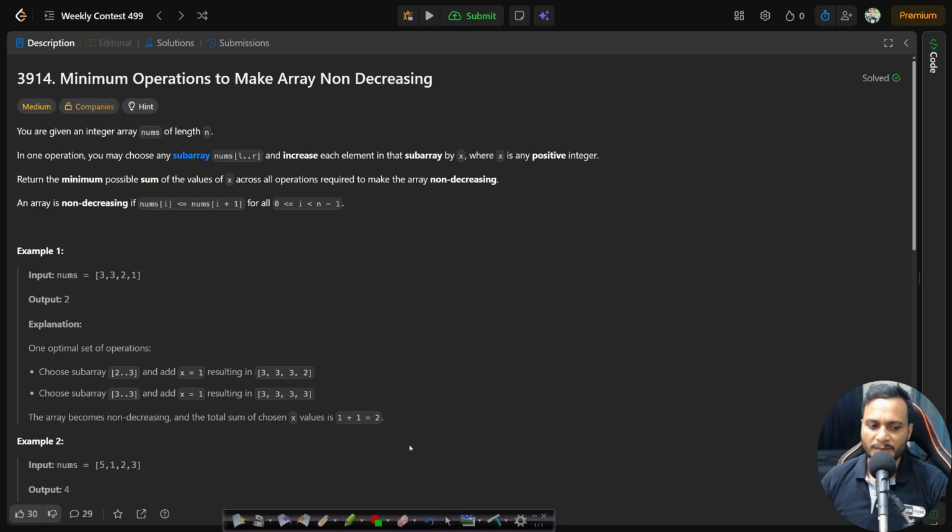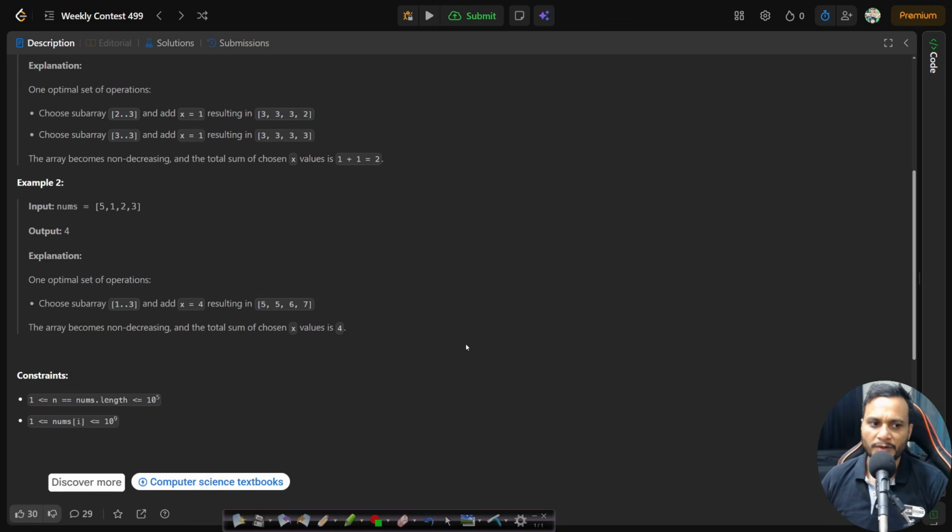I hope the example is clear. Similarly, look at 5, 1, 2, 3. If you want to make it non-decreasing, then at least the right hand side items should match up with 5. So how can we do it?